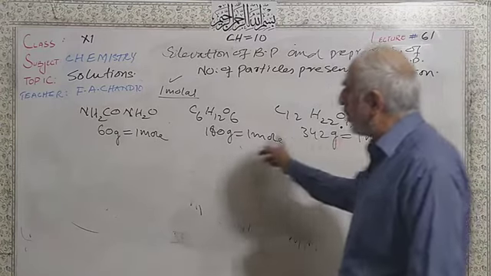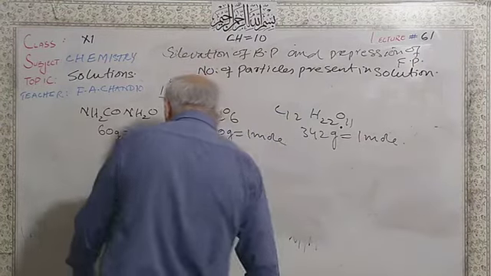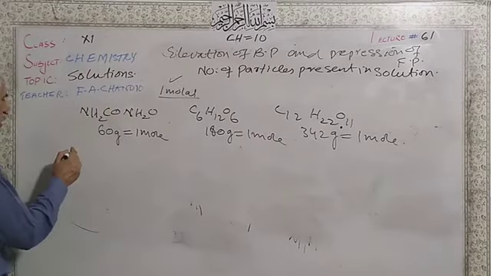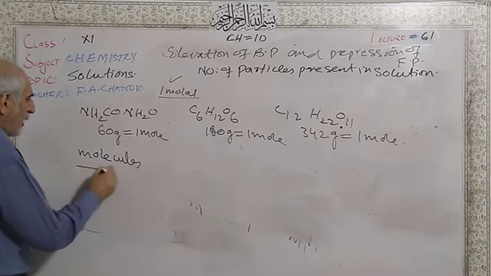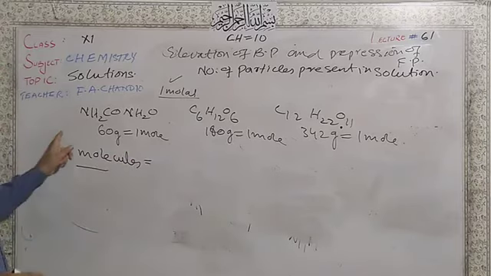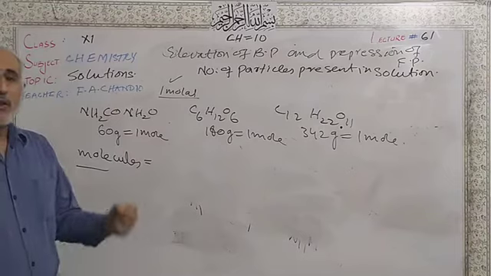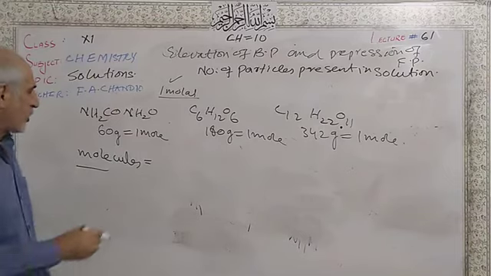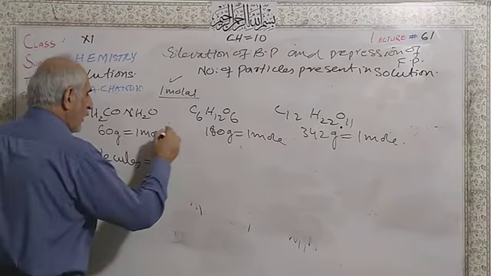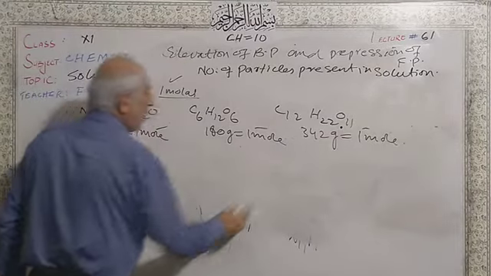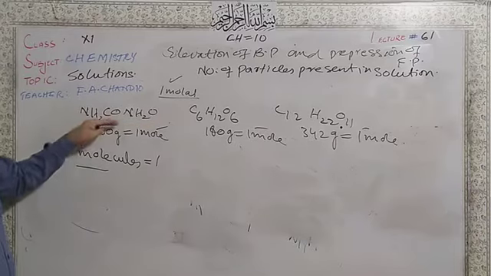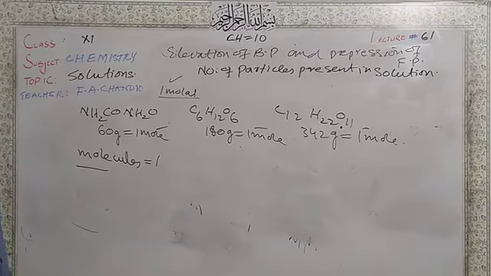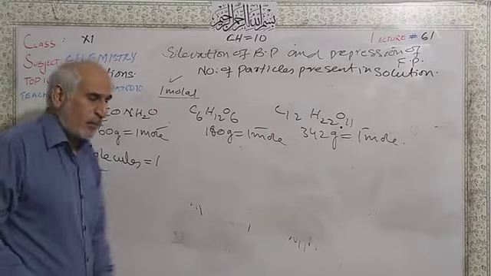So if I am going to calculate the number of particles, meaning molecules, molecules equal moles multiplied by Avogadro's number. So all are equal to 1 mole. Even though their masses are different because the number of atoms is different, that's why the molecular masses are different, but the number of moles is the same.